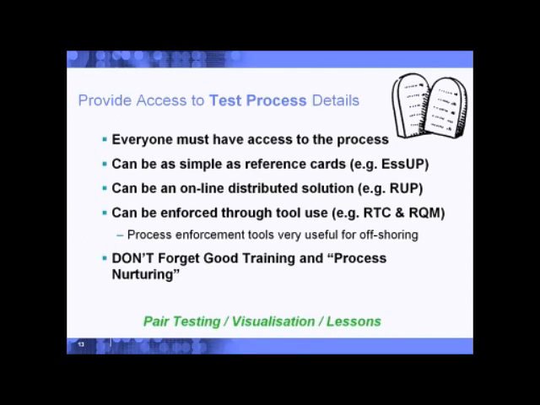So what this slide is going to argue for is finding simple, effective, pragmatic, and maintainable, sustainable as well, I suppose, approaches for making sure that everybody has access to the process.